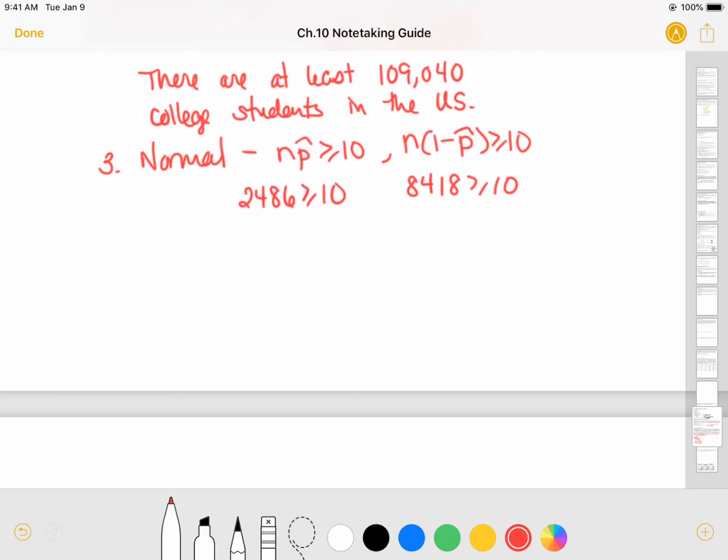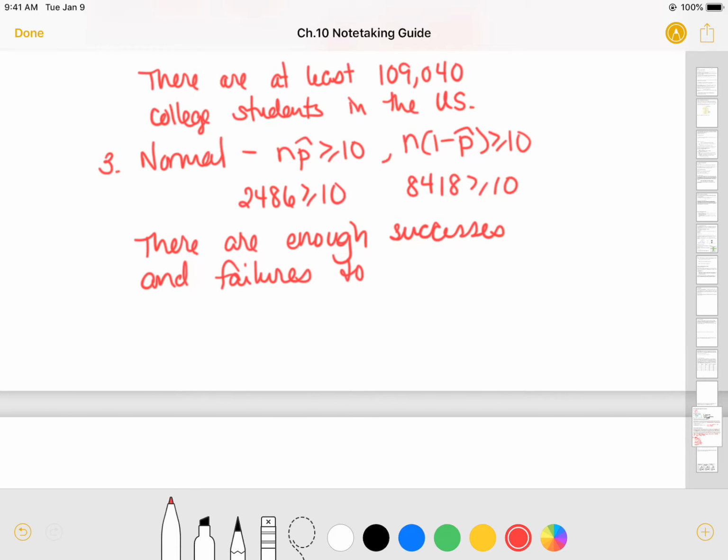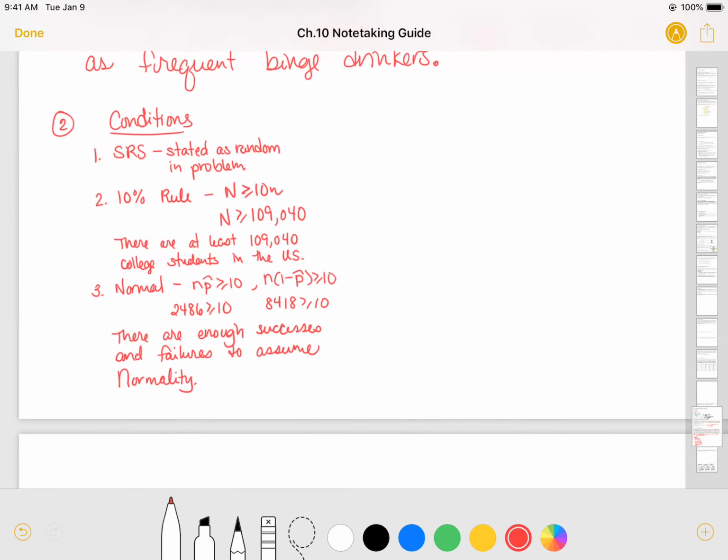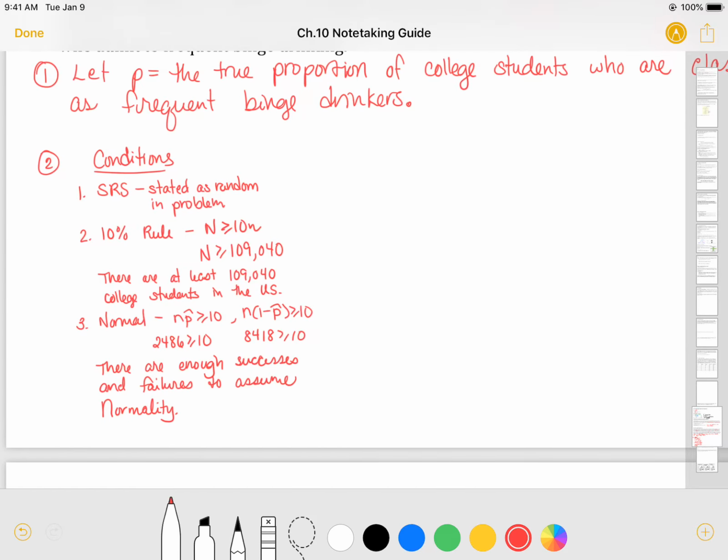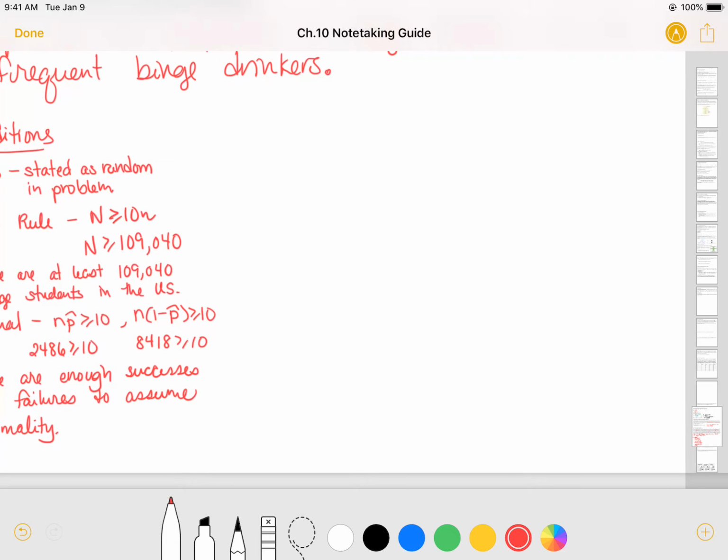So we're going to say there are enough successes and failures to assume normality. Okay, so all of our conditions are met, and now we are going to go on to the calculation portion.